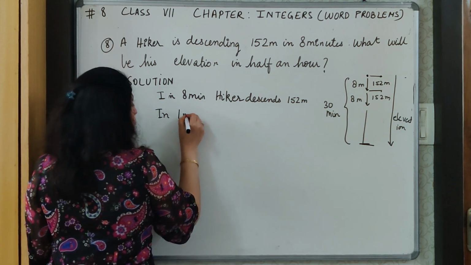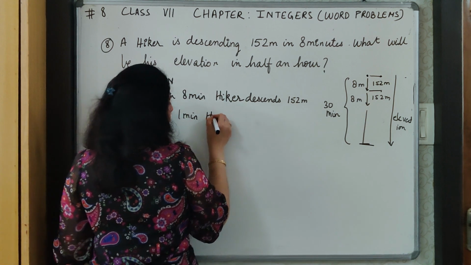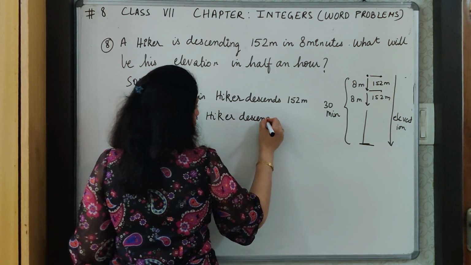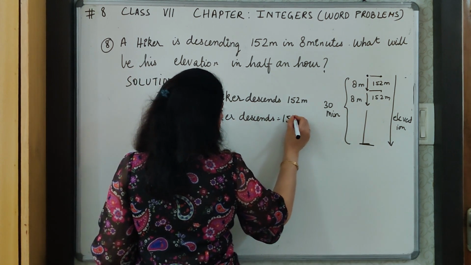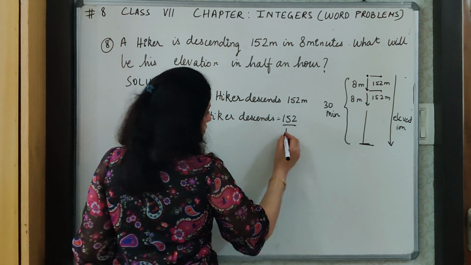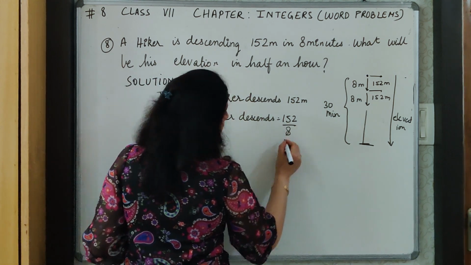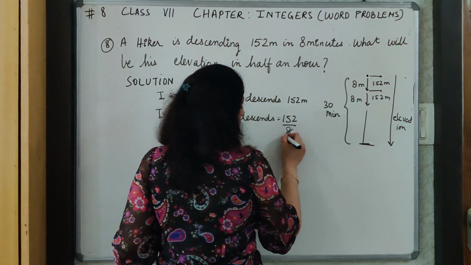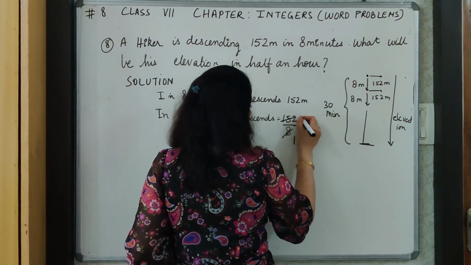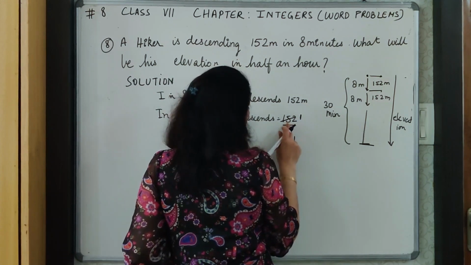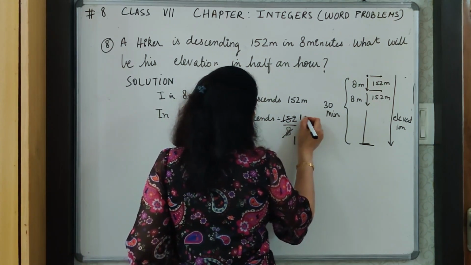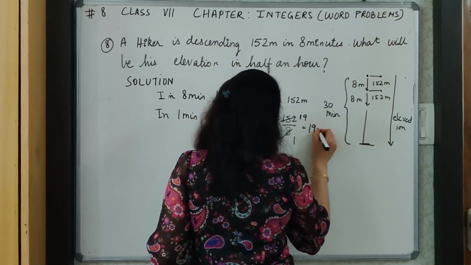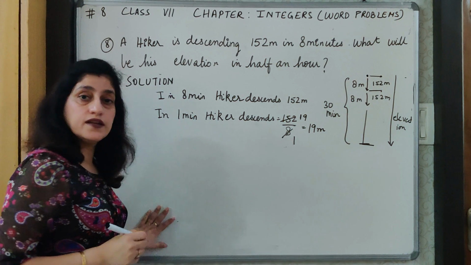In 1 minute the hiker will descend: it will be divided, because it is given for more and asked for 1. It will be 152 upon 8, which comes to, 8 ones are 8, and 72, 8 nines are 72. So it is equal to 19 meters in 1 minute.